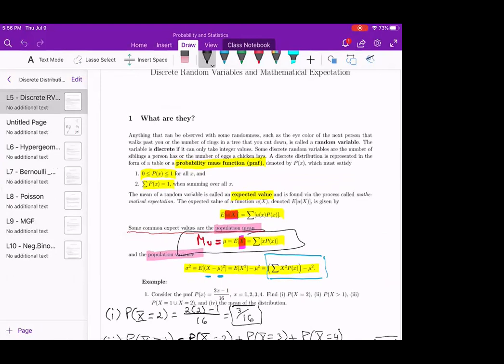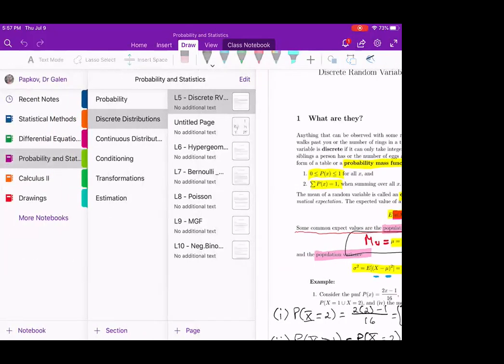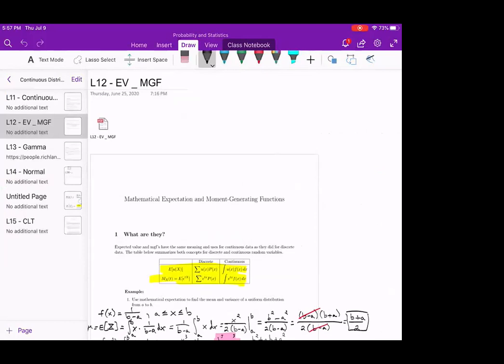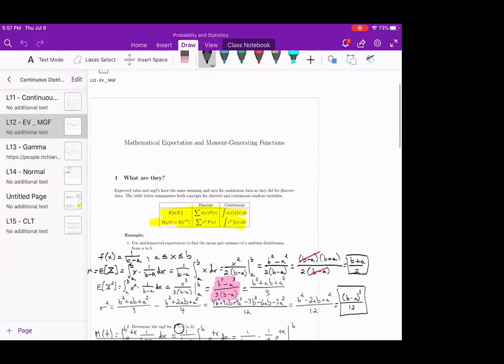What is mu equal to? The expected value. The expected value of X. So then you go back to a continuous scenario, and we know we need the expected value of X, and so that means we need to integrate X times the PDF.